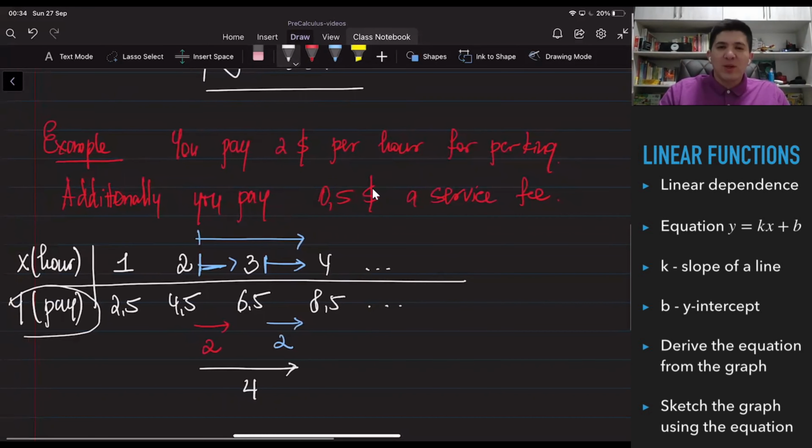Later on, we're going to see another type of function, and I hope that you will understand and feel the difference between the linear functions and, for example, the quadratic function. So if I would like to create a rule for this parking machine, how would I create this?